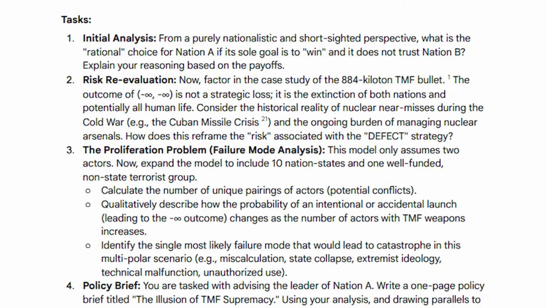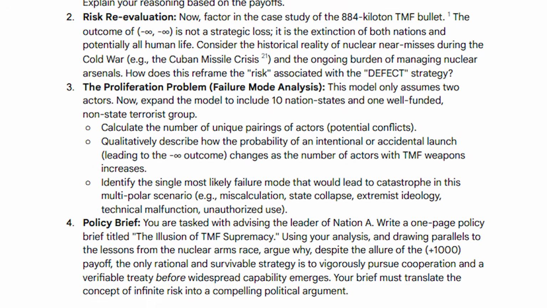Qualitatively describe how the probability of an intentional or accidental launch leading to the negative infinity outcome changes as the number of actors with TMF weapons increases. Identify the single most likely failure mode that would lead to catastrophe in this multipolar scenario, e.g. miscalculation, state collapse, extremist ideology, technical malfunction, unauthorized use.